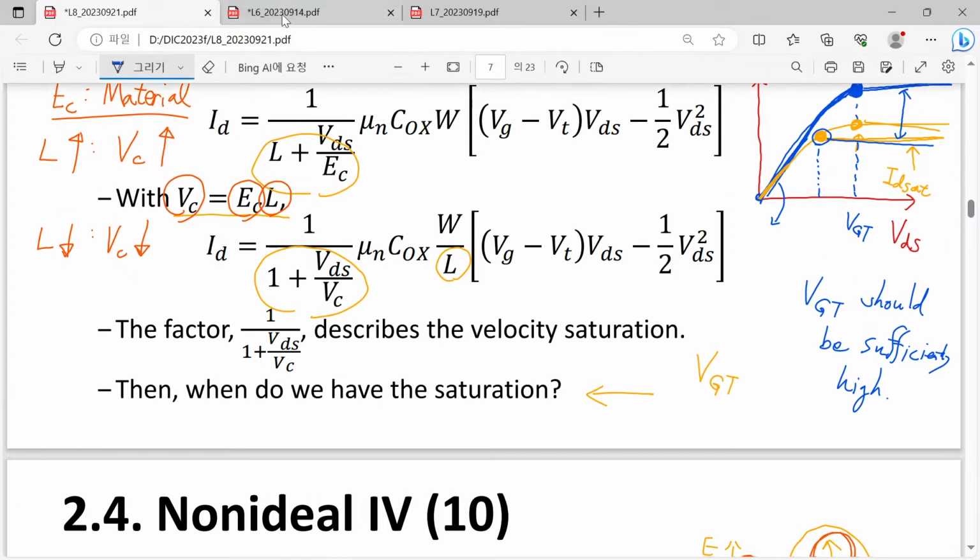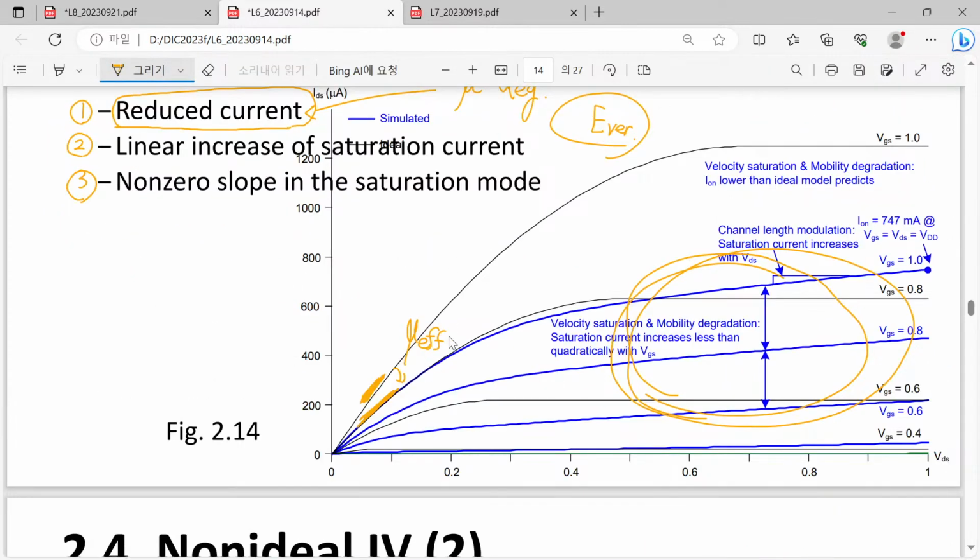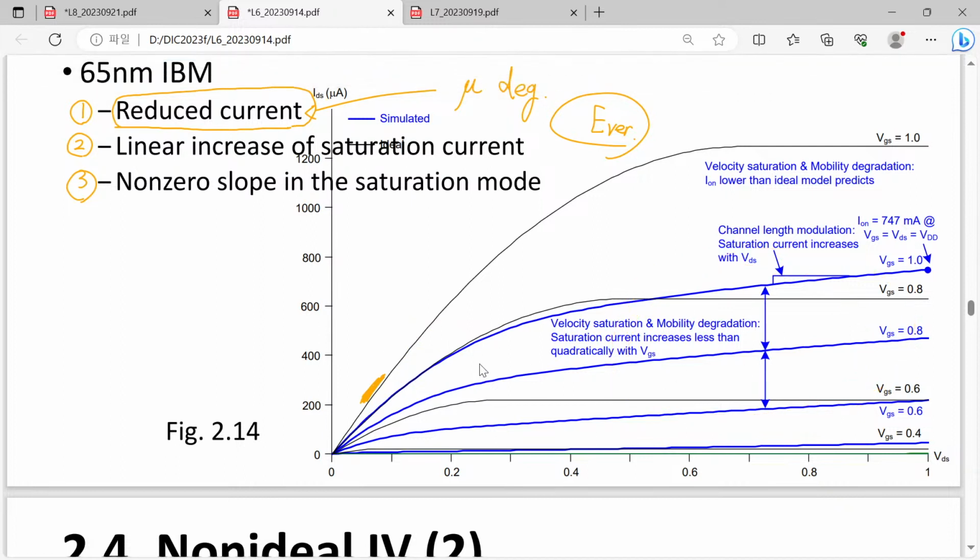So now let's come back and have a look at this part. Here and also here, this kind of transition point can be found. So you can see clearly that this increment of your drain current is not quadratic in your gate overdrive voltage.